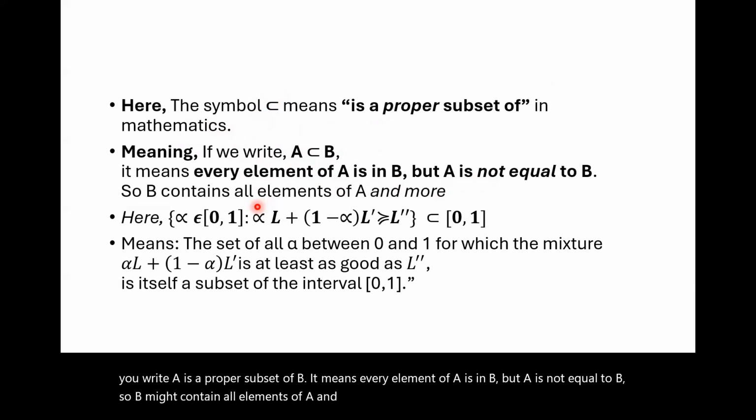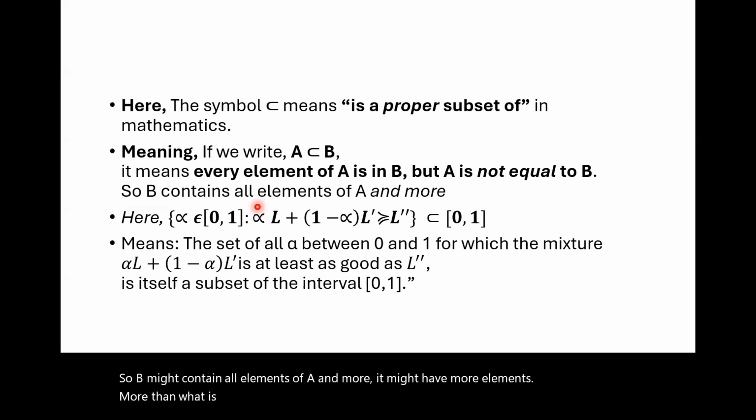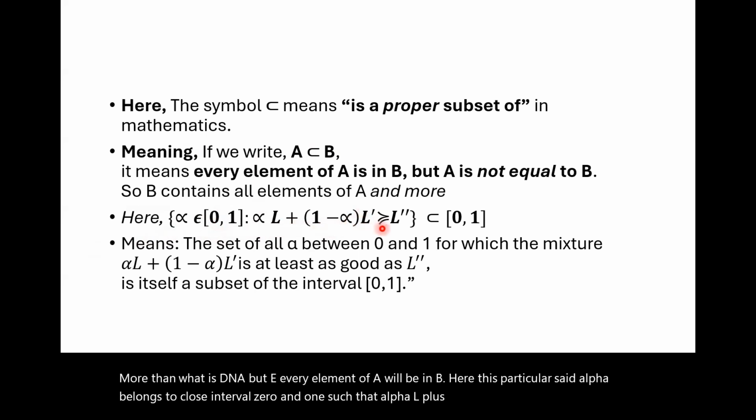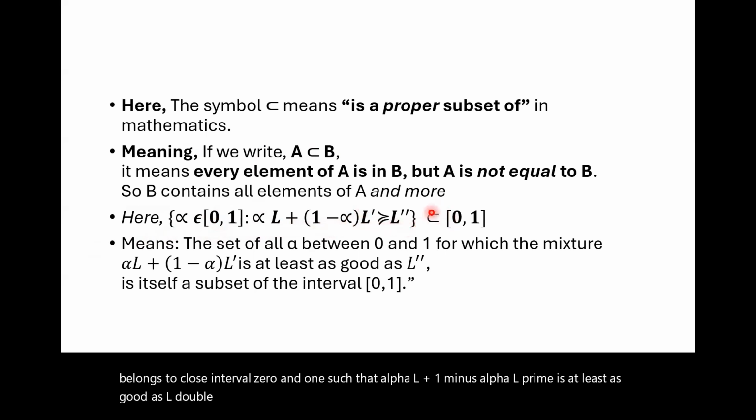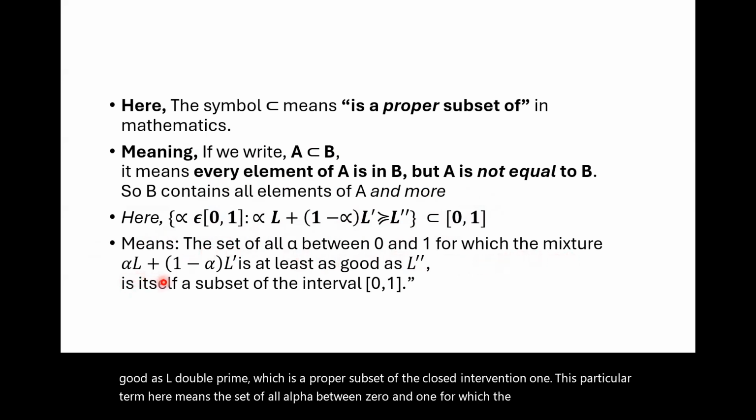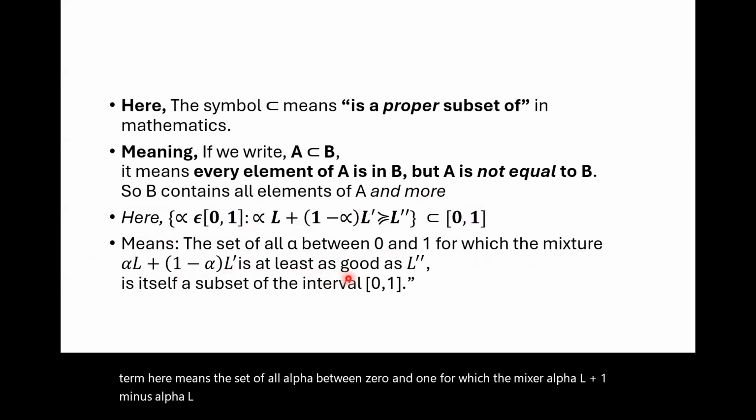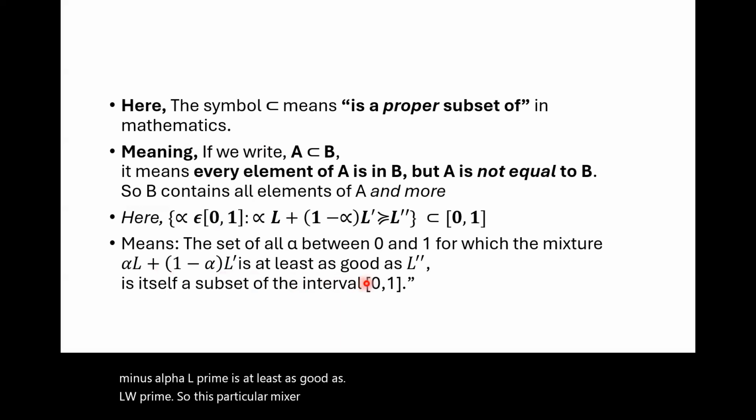It might have more elements than what is there in A, but every element of A will be in B. Here this particular set, alpha belonging to the closed interval 0 and 1 such that alpha L plus 1 minus alpha L prime is at least as good as L double prime, which is a proper subset of the closed interval 0 and 1, means the set of all alpha between 0 and 1 for which the mixture alpha L plus 1 minus alpha L prime is at least as good as L double prime. So this particular mixture is at least as good as L double prime.